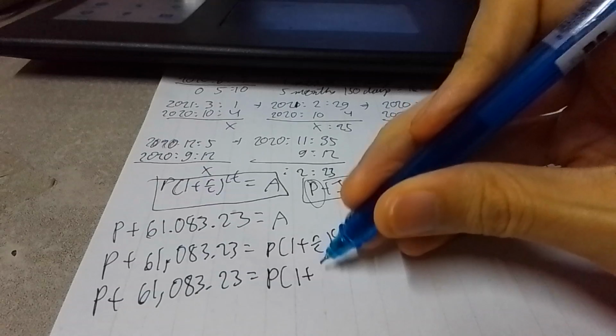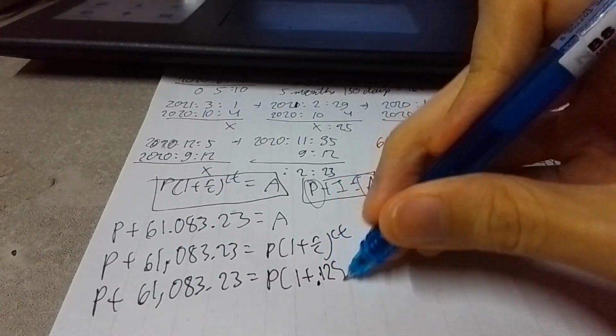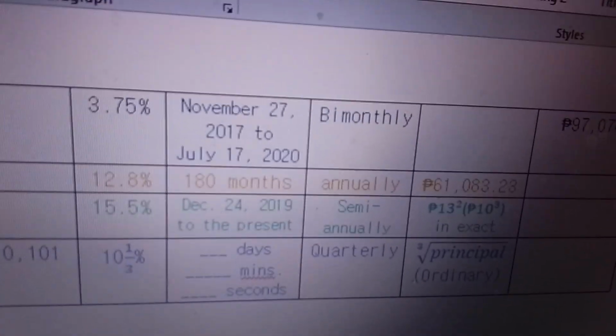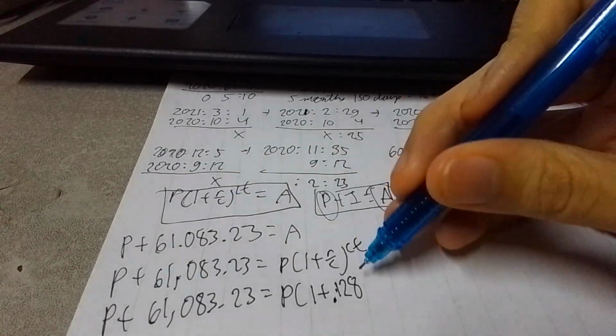If I divide this by 100, it's 1.28. Shift the decimal places two places to the left. Do we have a compounding period? Since it says annually, we have no compounding period, so it's already direct to the point.